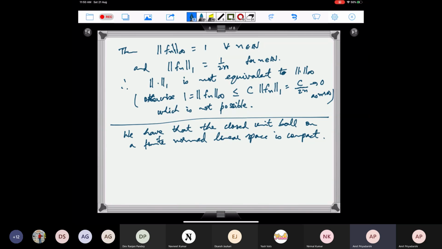So if the closed unit ball is compact, then the space has to be finite dimensional. So we will see that this is actually an if and only if statement. So compactness of the closed unit ball actually characterizes finite dimensionality.